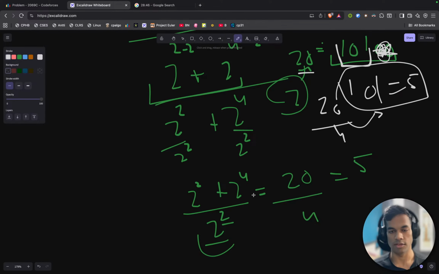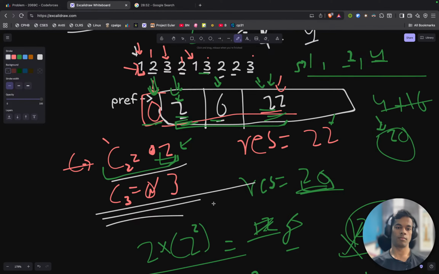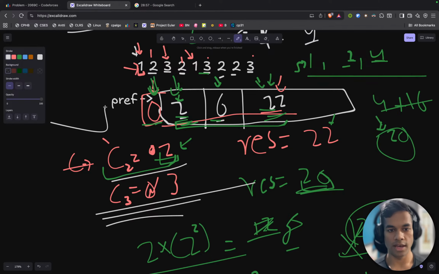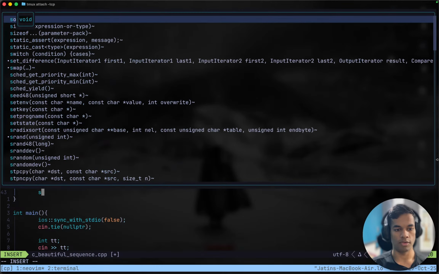So yes. Okay, so what did we use? This thing. And we already have this prefix, which is just this value. Let's print out this prefix.